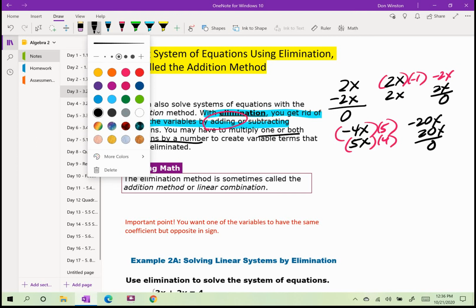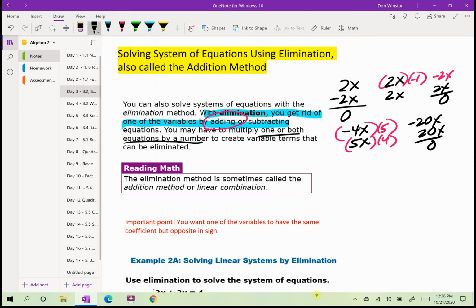And then finally, maybe one more. What happens if I had, make it easy, 3x, and then 4x? So what would I need to do? Well, notice that the coefficients are different, 3 and 4, and the signs are the same. They're both positive.